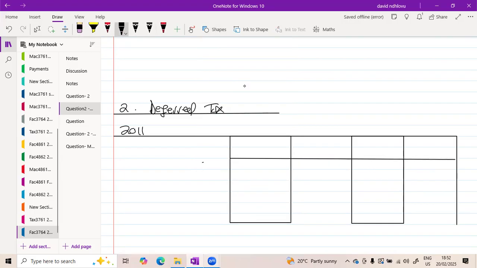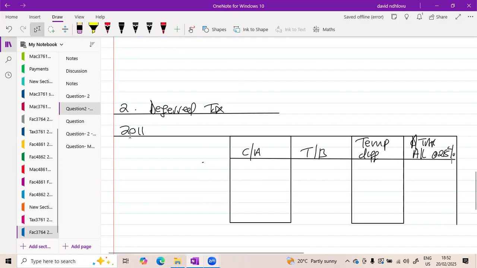As usual, we then have carrying amount, we then have the TP, we then have the temporary differences. We have the deferred tax, asset or liability. This one was only at 28%, there was no change in rate.